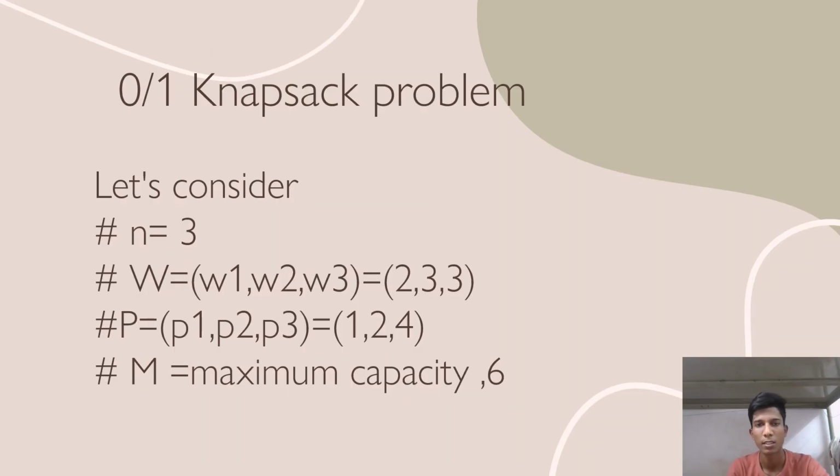Now we are discussing one problem. Let us consider n is equal to 3, and w is w1, w2, w3, which are the weights of the items: 2, 3 and 3. p1, p2, p3 are the profits of the items, and m is the maximum capacity of the bag.